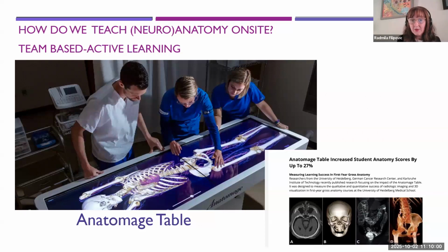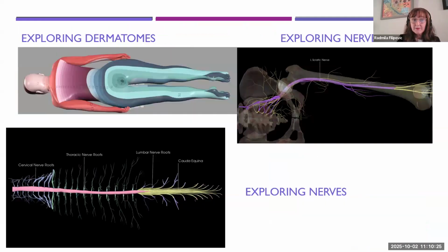Besides all other systems, of course, the nervous system is a big part of that table. Those are team-based activities, and the Anatomage table is used in many schools and medical schools as well, and it's proven to increase student anatomy scores by 30%, and we can see that in our classes as well.